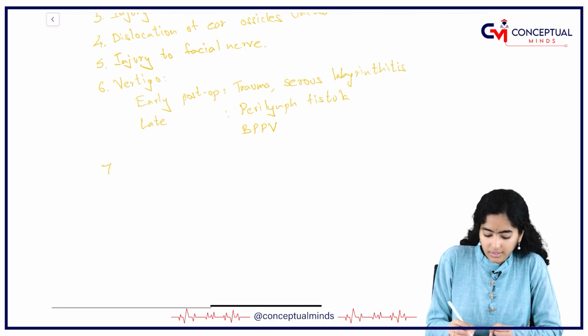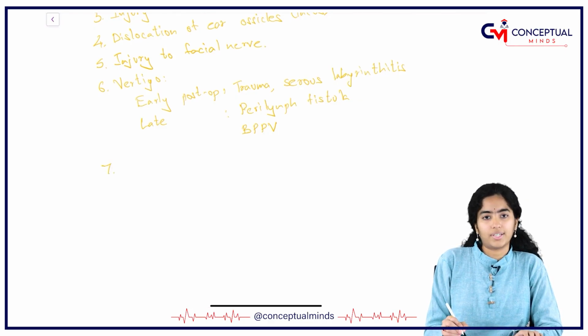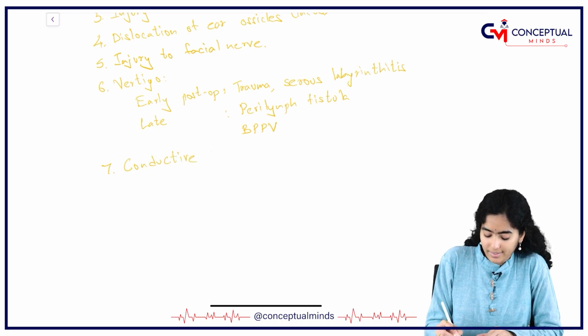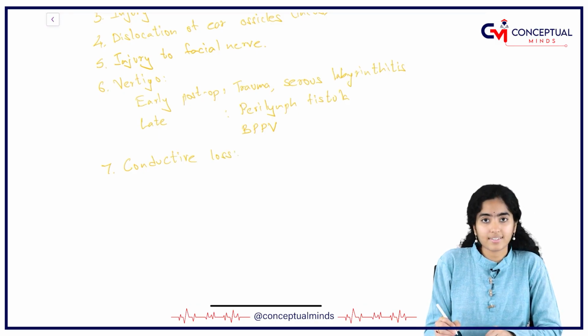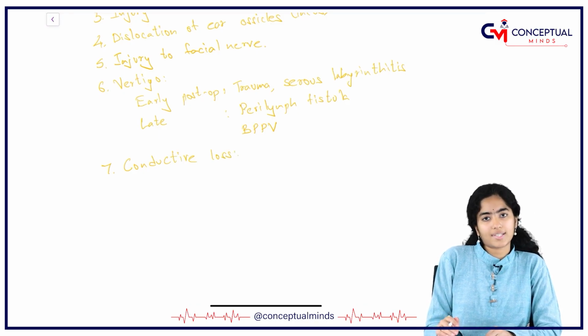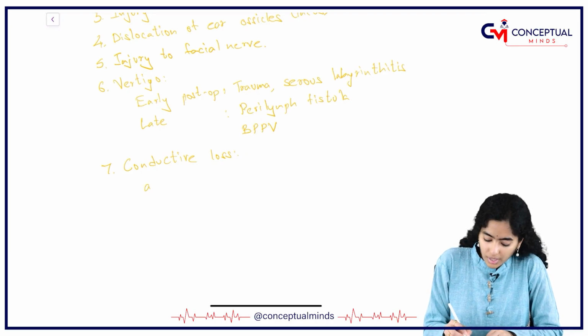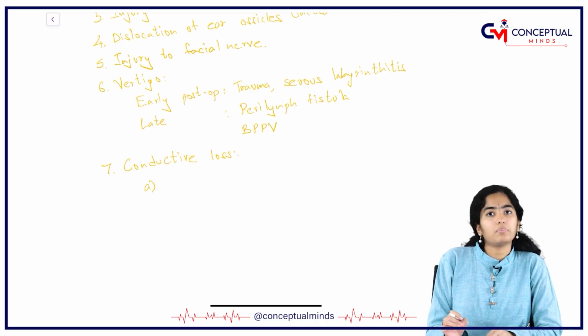Then another complication of this surgery is conductive type of hearing loss. Now we have performed the surgery to address conductive hearing loss, but this conductive hearing loss can still persist after surgery because of improper placement of the prosthetic.